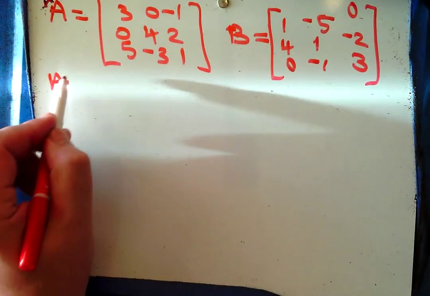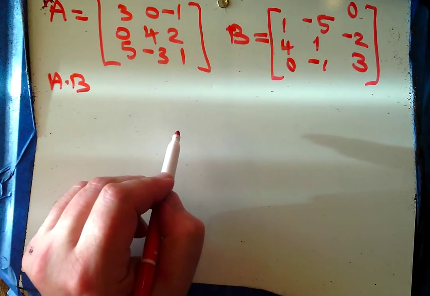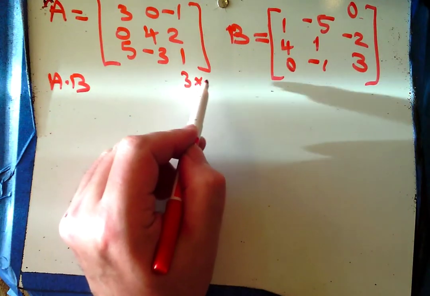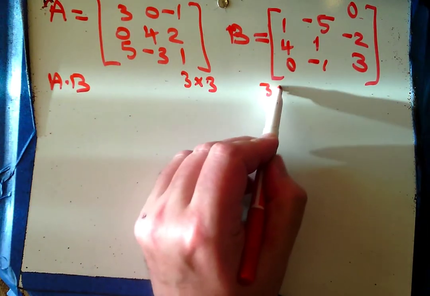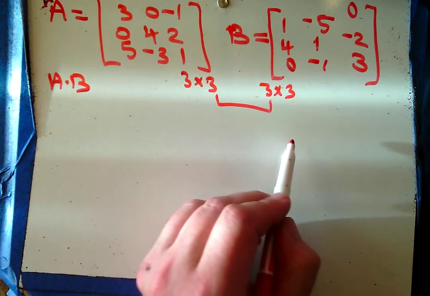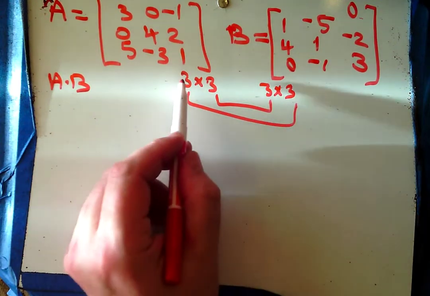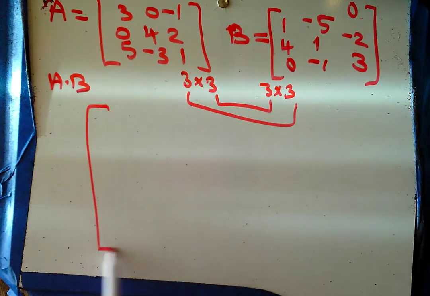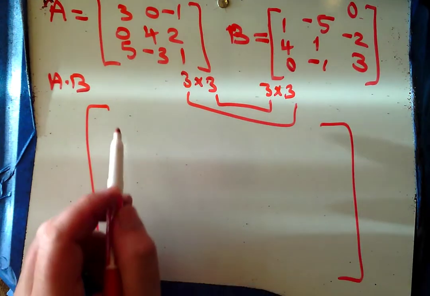And I want to do A times B. Well, I know that this is a 3 by 3, and this is a 3 by 3. These numbers are the same, so I'm just going to be making a big 3 by 3. So, let's make a big 3 by 3.